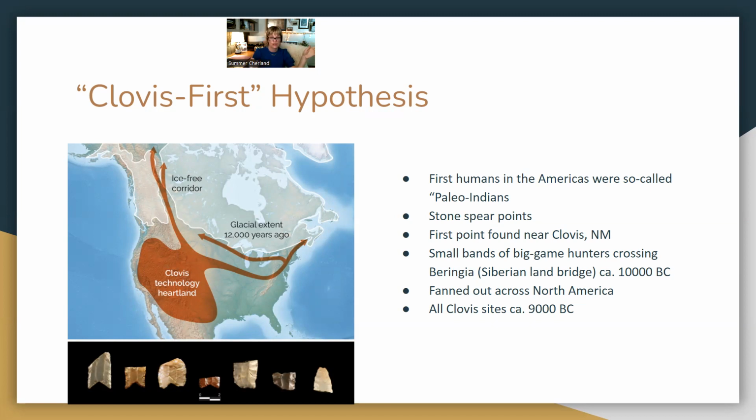So 10,000 years before the Common Era. And then they fanned out across North America. And all Clovis sites point to this particular era, around 9,000 BC. This is the belief of how people first arrived in the Americas. This is the hypothesis, right? Okay, sounds good.